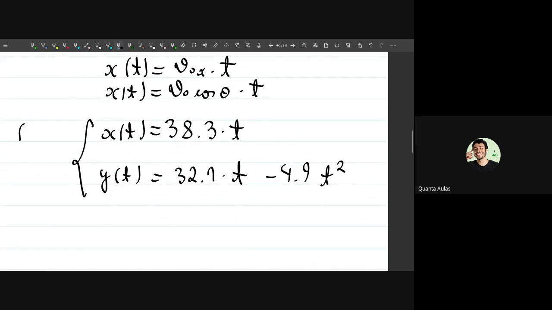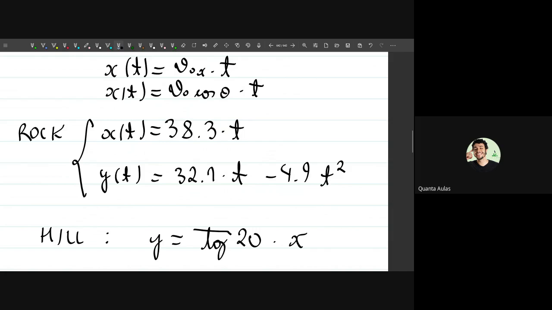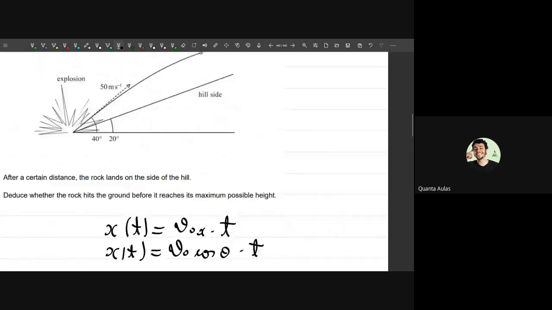This is the expression for the rock, and this is the expression for the hill. The hill will be, why this value here, I can show you, because we have an expression like this: tangent of 20 times x. This is the expression for this hill.